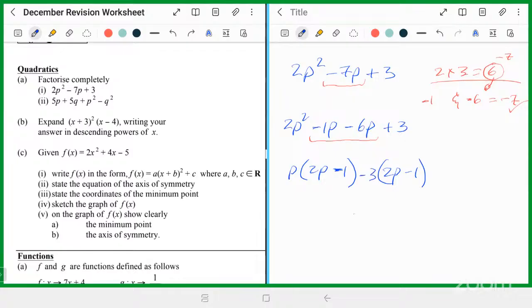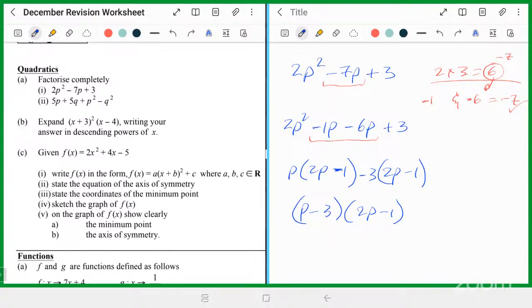Not just 3, you have to put the negative on it. Alright? Then now, the 2p minus 1 becomes a common factor, and they are connected with this p minus 3. So the result then is p minus 3 times that common factor of 2p minus 1. If we put the 2p minus 1 in front, same difference. Same thing, still correct.